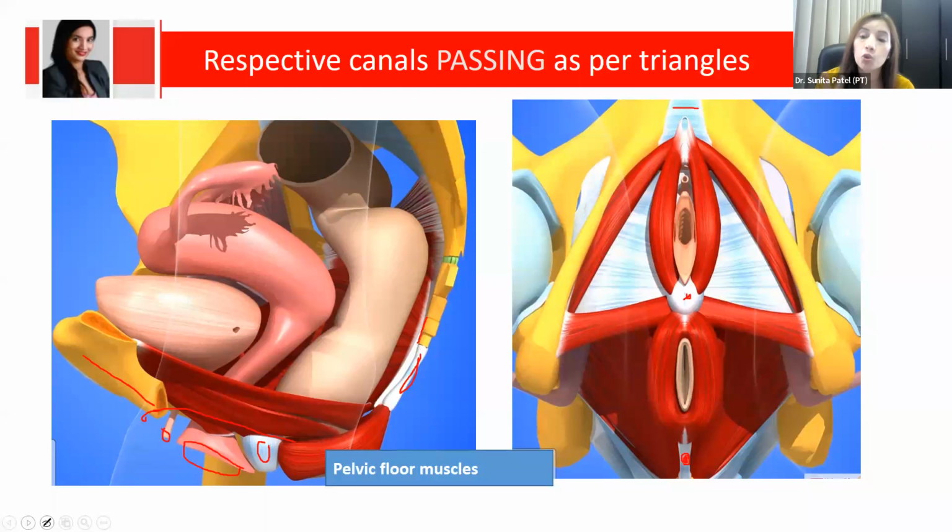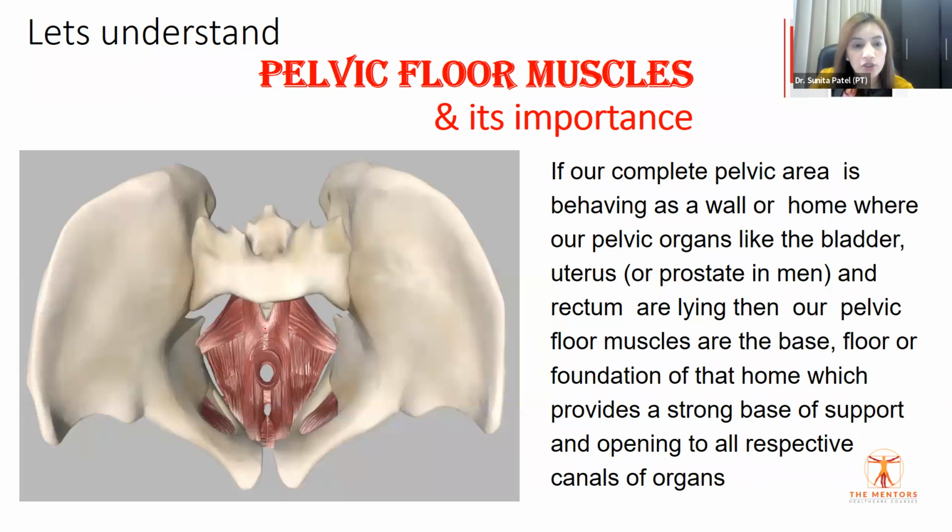And yes, we have 2 accessory muscles: obturator internus anteriorly and piriformis posteriorly, which help us form the walls of the pelvis. So if this is the pelvis, these are the pelvic floor, but this is the area where we have the piriformis. The piriformis forms the wall, and anteriorly we have the obturator internus.